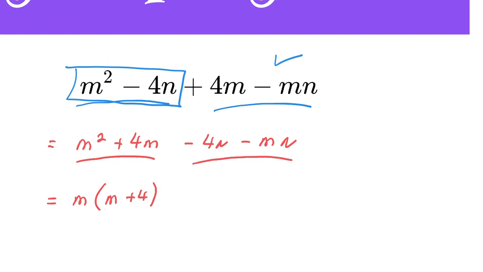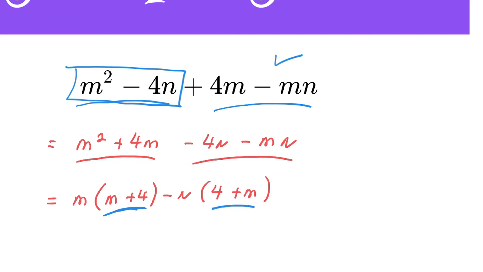Now, I know that I want to try and get another common binomial factor. So I'm going to take out the negative n, and I'm going to be left with positive 4 and a positive m. So this worked out pretty well.